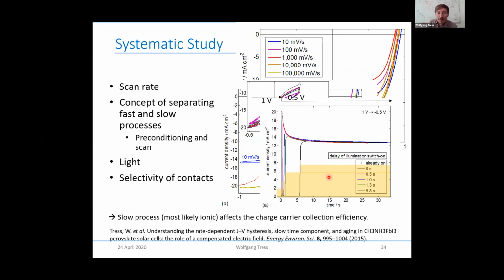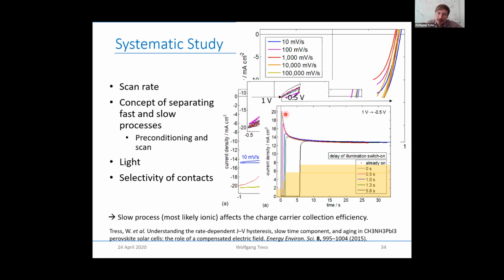Then there was the speculation that this effect is maybe mainly light induced, because the strong hysteresis you can observe much more easily under light. So you can do an experiment where you keep a certain voltage, like here this forward voltage, 1 volt, and then suddenly switch back to minus 0.5 volt and record the current transient.